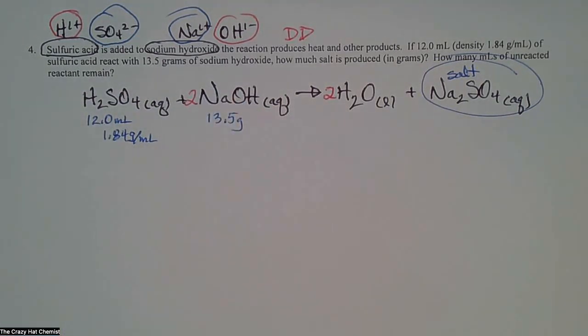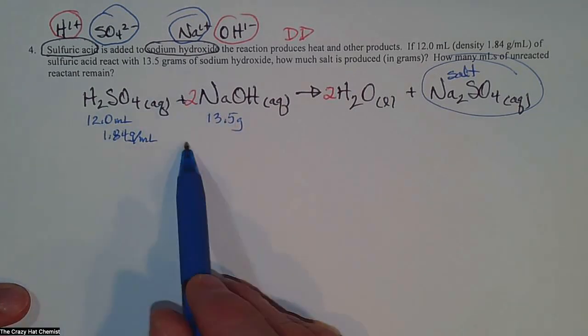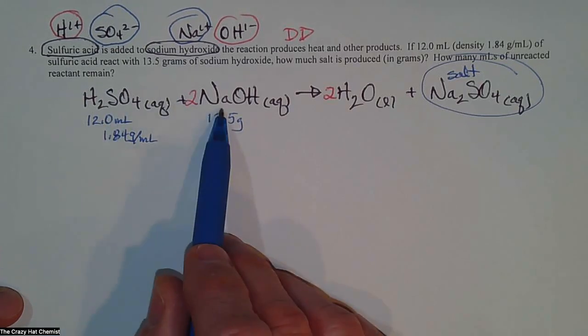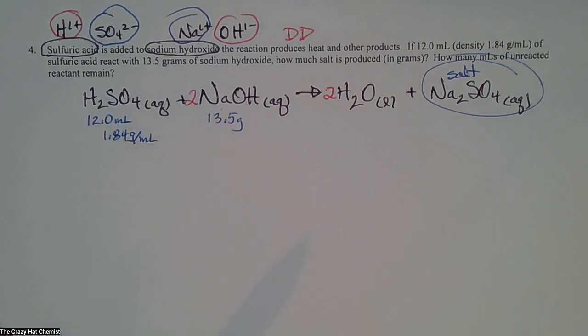Notice that in the other 3 problems I only had one number for one of the reactants, therefore the other reactant was in excess. Since I have numbers for both reactants here, it's a limiting reagent problem. It requires a lot more work. It's a little bit tedious, but it's not any more difficult. That's the key part.